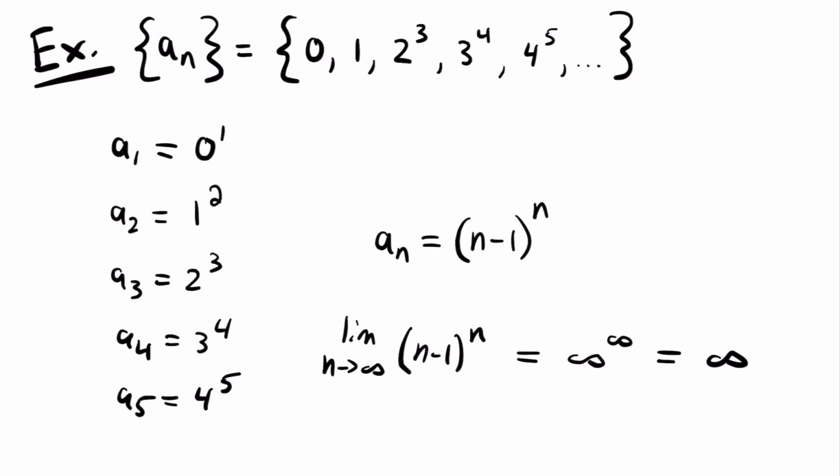Okay? So when your limit is infinity, you know that your sequence does not converge. Instead, our answer is that it diverges. So this sequence that we were given, that we wrote out the nth term for, of n minus 1 to the power of n, is a divergent sequence.